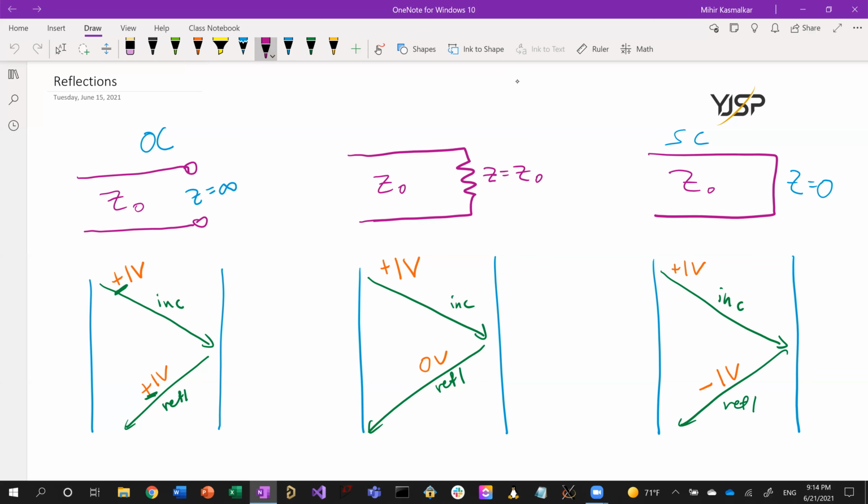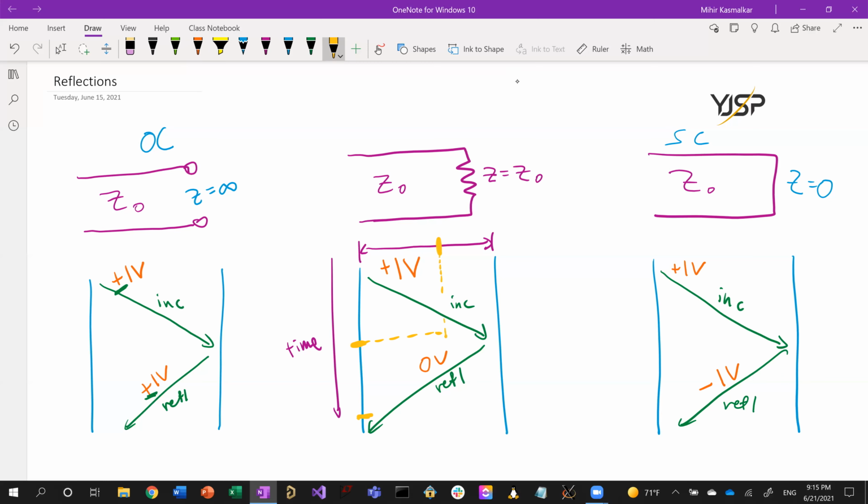The horizontal axis here on the bounce diagram represents the position along the transmission line, and the vertical axis represents time. So if I wanted to find out at this location on the transmission line what the voltage is at this time, and also at this time, you just draw a line down here, and okay, now we've intersected the time axis there.